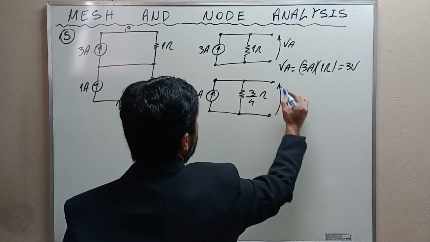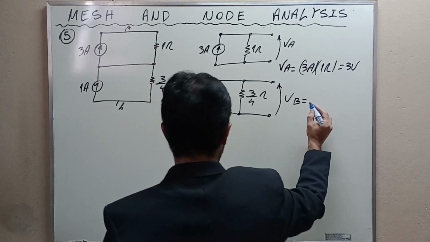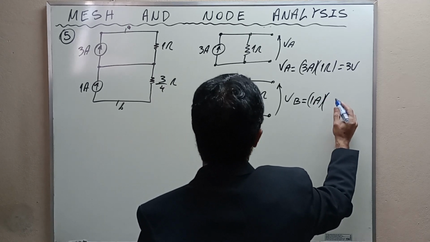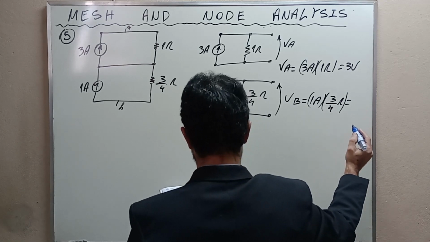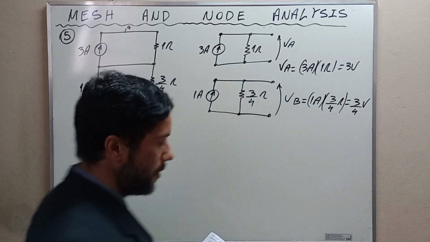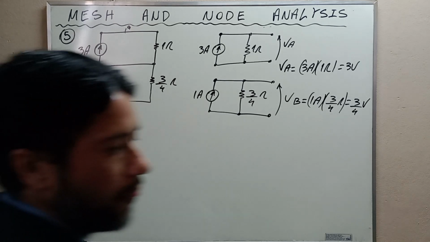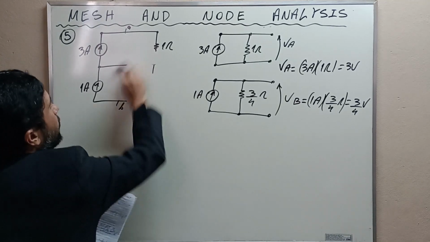I'm gonna label this VB, and VB is equal to 1 amp times 3/4, and this is equal to 3/4 volt. Okay? In this way, we can modify this into this.